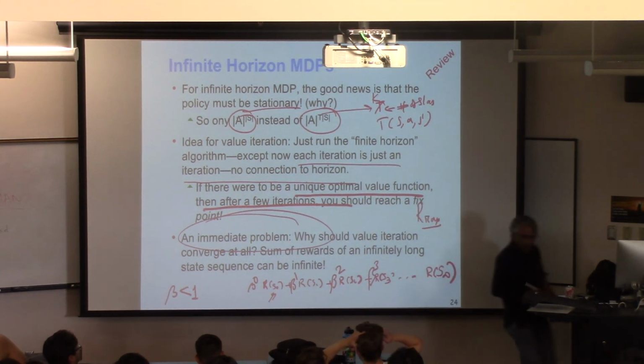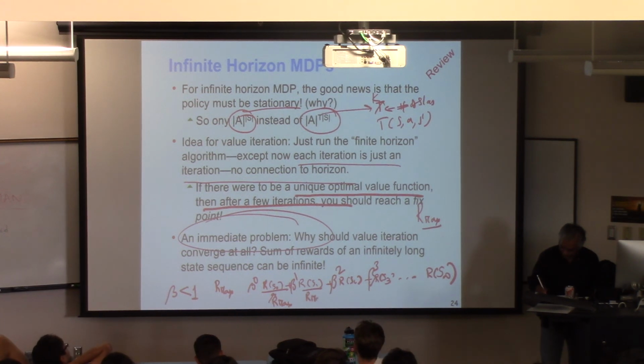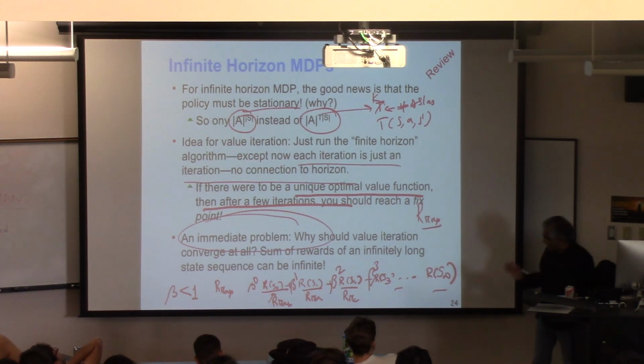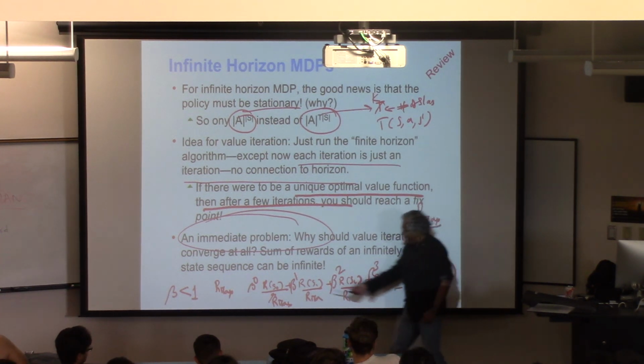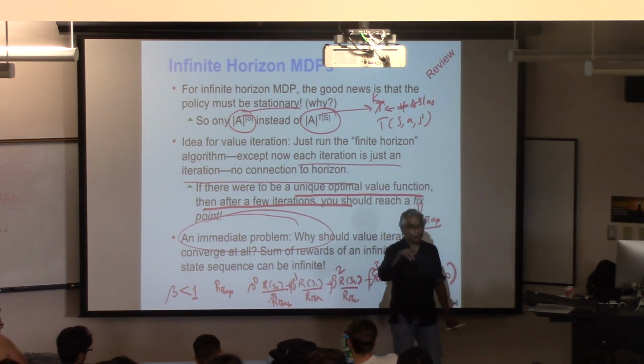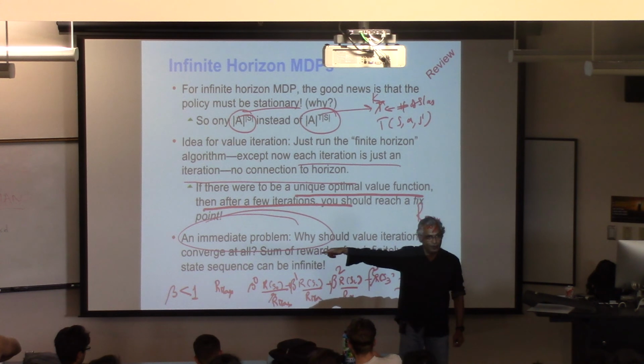Then what I can do is take R max out and divide everything by R max. At this point, you should be able to see this series is actually less than just the series beta power 0, which is 1, plus beta plus beta square plus beta cube, etc., beta power infinity.